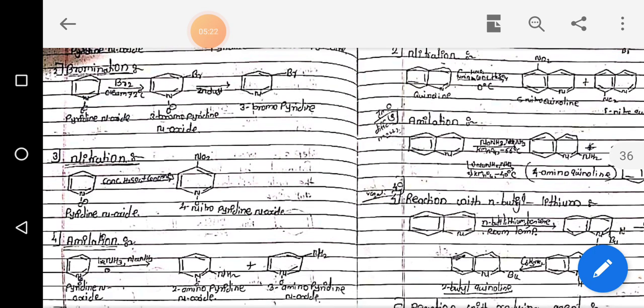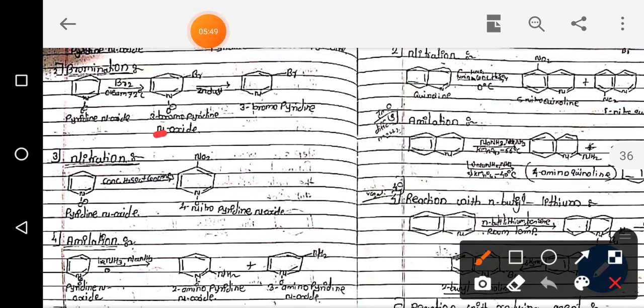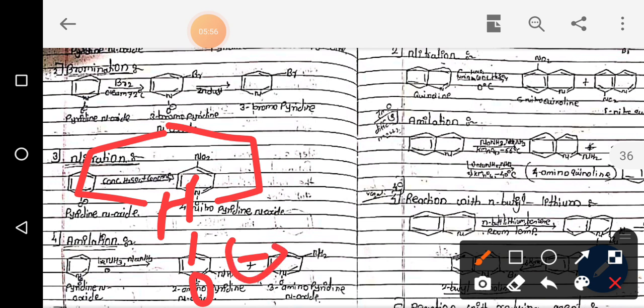In the same way, the second reaction is the bromination reaction. In the bromination reaction, the same procedure is followed. The substitution takes place with Br2. Here bromination takes place at the 3 position of pyridine N-oxide, giving 3-bromopyridine N-oxide. We can write down the bromine on the third position.